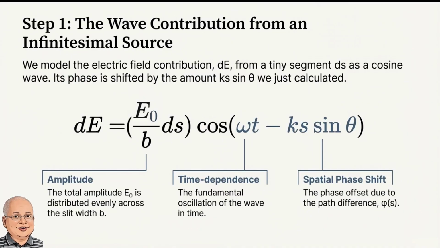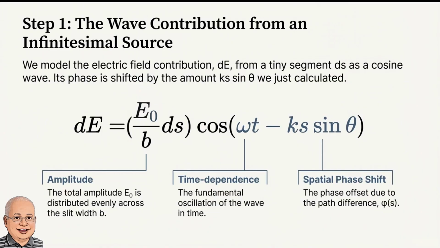So dE is equal to E0 by b ds into cos(omega t minus k s sin theta). This part, E0 by b ds, is the amplitude part. Why is it E0 by b ds? The total length is b.